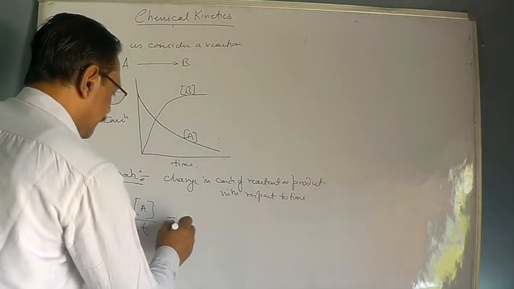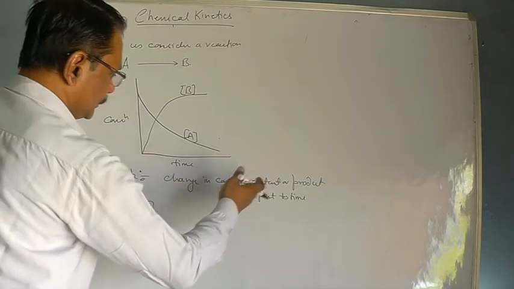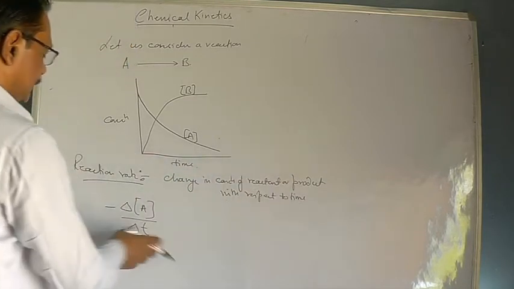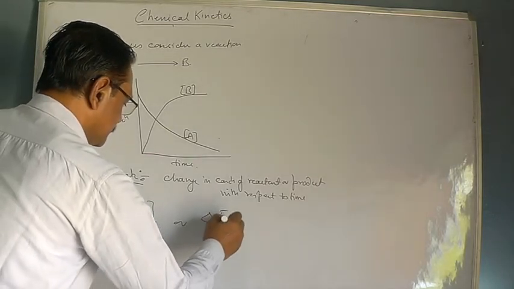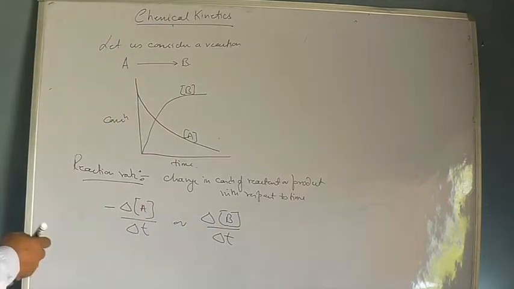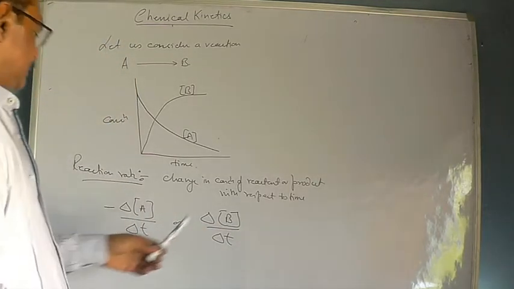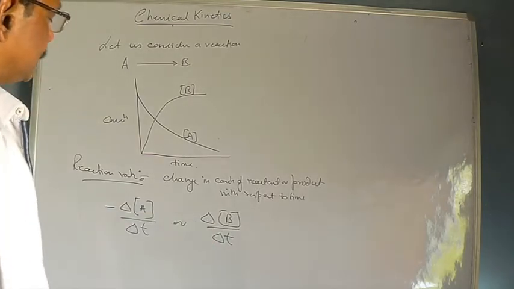Either change in concentration of reactant or product with respect to time. So this is for the reactant, or for product we can write delta B upon delta T. Square bracket represents molar concentration.